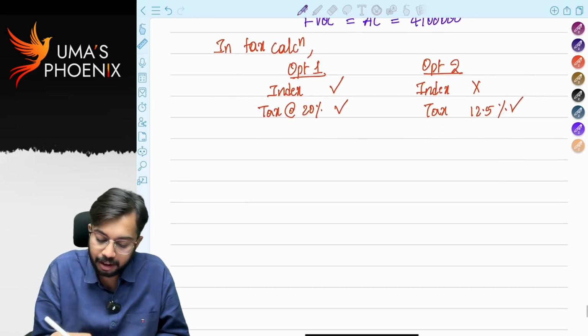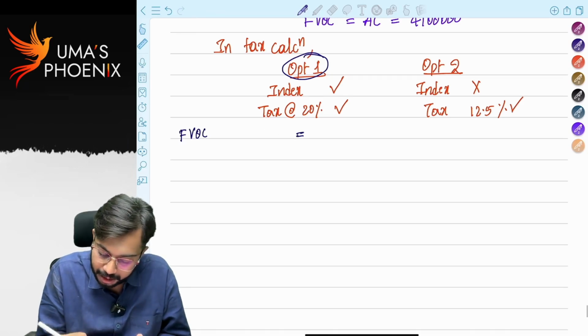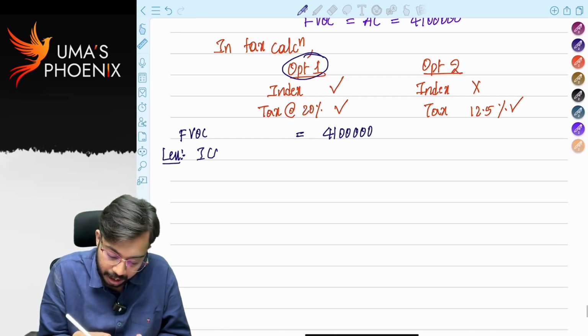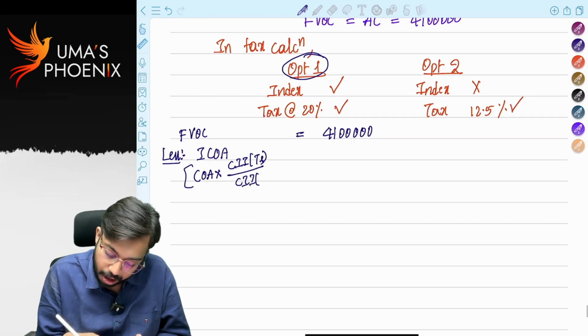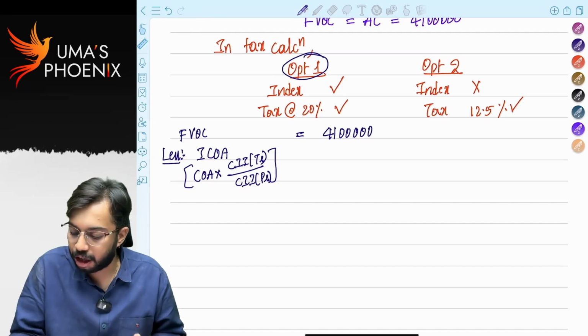Now let us calculate option 1. Under option 1, full value of consideration is equal to 41 lakhs. Indexed cost of acquisition is allowed as deduction, right? Indexed cost of acquisition formula is cost of acquisition into cost inflation index in the year of transfer divided by cost inflation index in the year of purchase. How much is cost of acquisition?